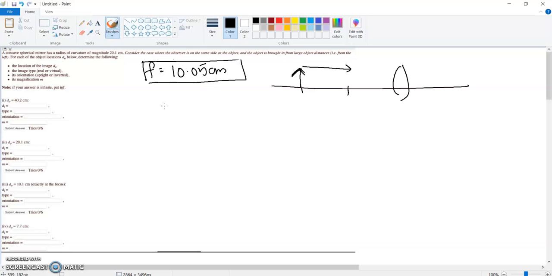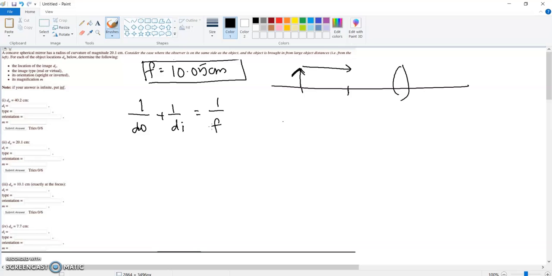All right, so for the first part, you need to tell what your image distance is. Then you need to tell which type of image it is, real or virtual, then the orientation, upright or inverted, and the magnification factor. For the first part, I'm going to use the same formula that we know: 1 over distance of object plus 1 over distance of image should be equal to 1 over focal length.